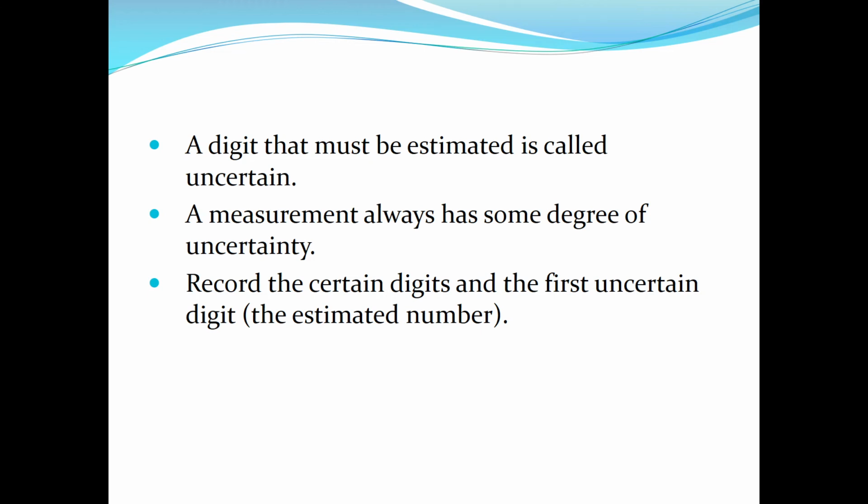Does that make sense? I'm estimating this one digit. Whenever you write a number in science, this is going to be your estimate digit. So that when someone else looks at it, they would know that the correct answer could be somewhere between 22.2 and 22.4 centimeters. They know that it's roughly around that area.